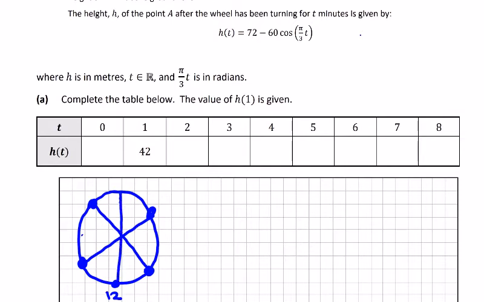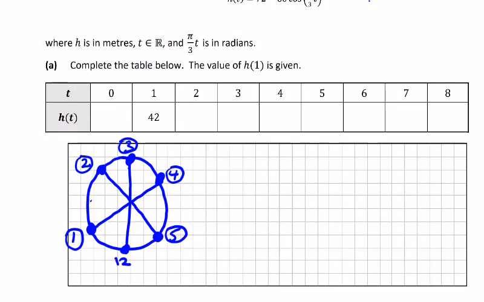Let's assume this is after 1 minute, 2 minutes, 3 minutes. It has to be at the top if it takes 6 to go all the way around. 4 minutes, 5 minutes, 6 minutes, back to the bottom at 12 meters high.